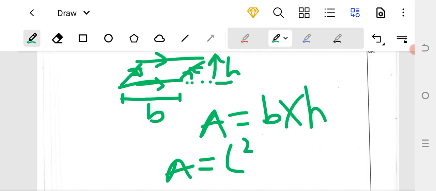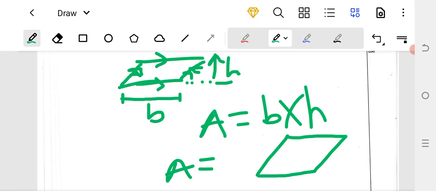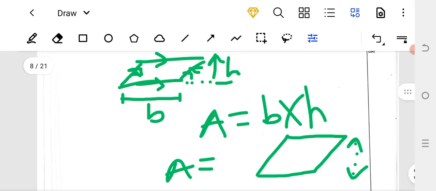Let me say it like this. A rhombus has the height, it's like that. That's how a rhombus is, and then all the sides are equal. So to find the area of a rhombus, what I meant to say is that it's similar to the square.